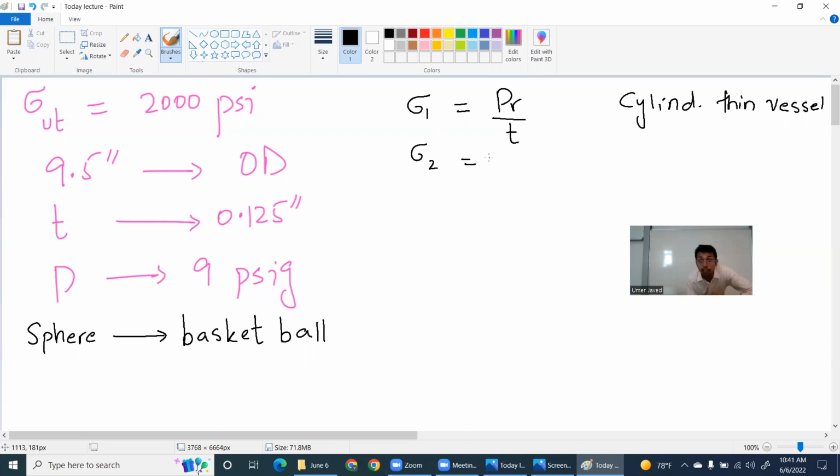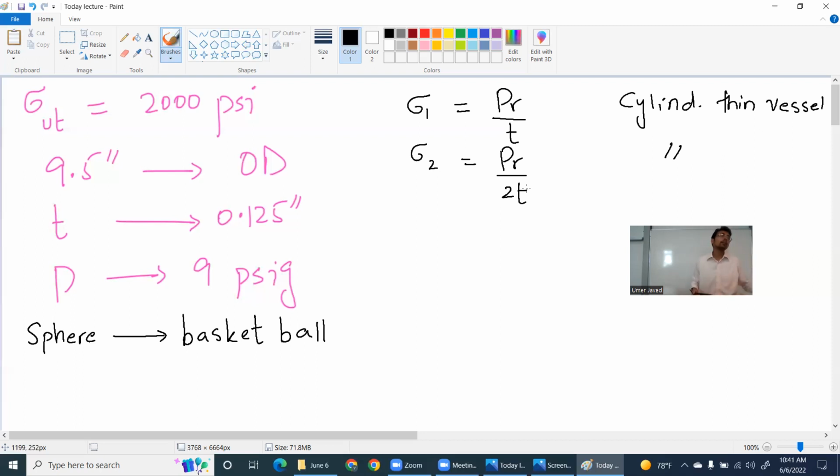Then I talked about how, for a cylindrical thin vessel, there is what is known as longitudinal stress. In a Coca-Cola can, look at its thin surface. Longitudinal means axial. Again, that's a normal stress. Normal stress means sigma, so both of them are normal stresses. Let me revise quickly. I'm talking about a thin, cylindrical pressure vessel.